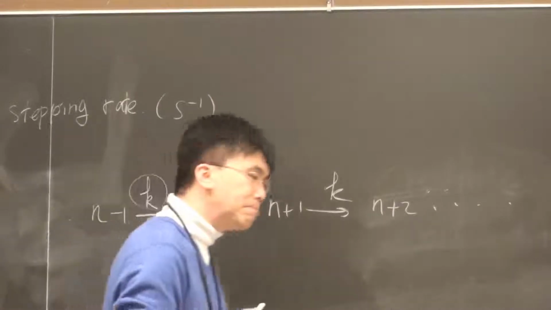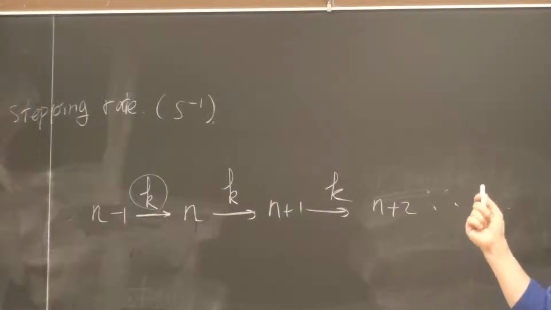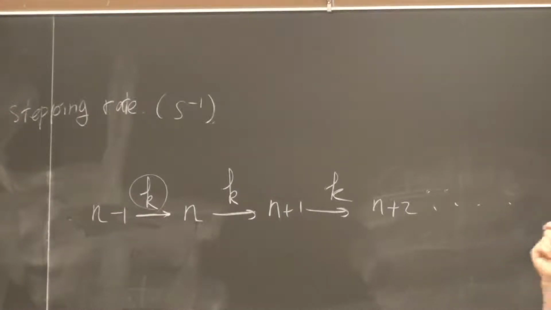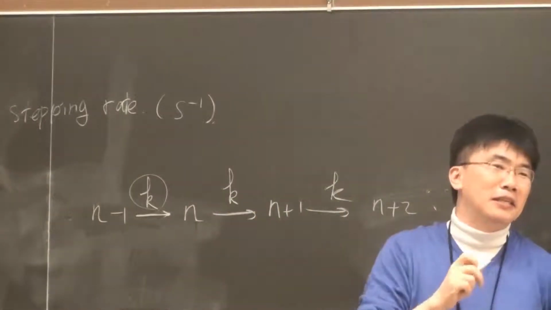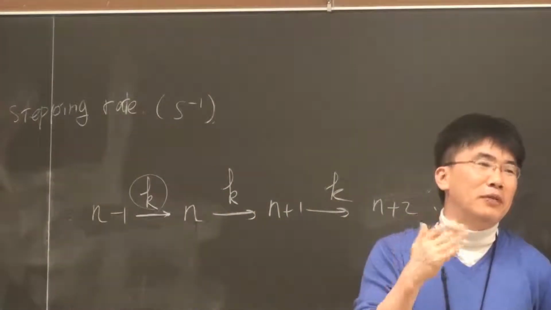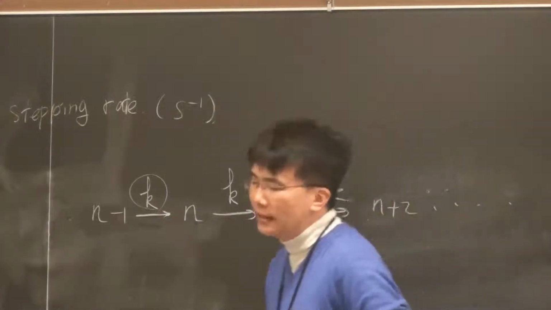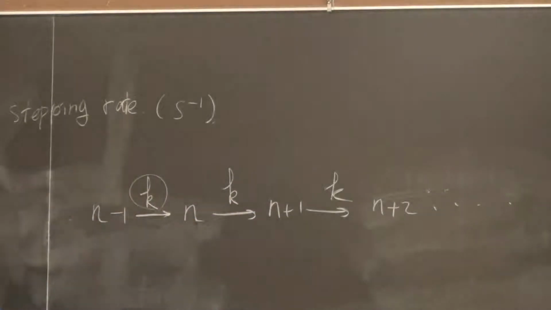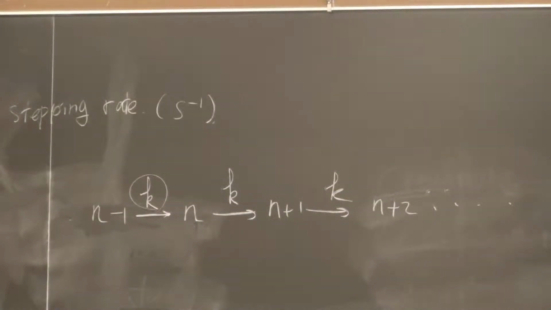It follows the exponential. So this is called the Markovian process, because as long as you are here, it doesn't matter how long you've been staying in that state in terms of determining whether you will take the next step in the next time unit or not. So a history independent process is the Markovian process, and in this case, the histogram of delta t should be a single exponential. Questions?